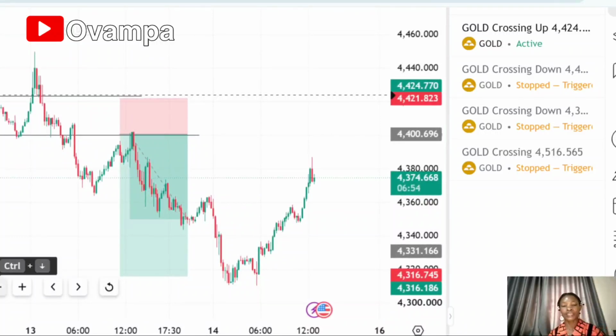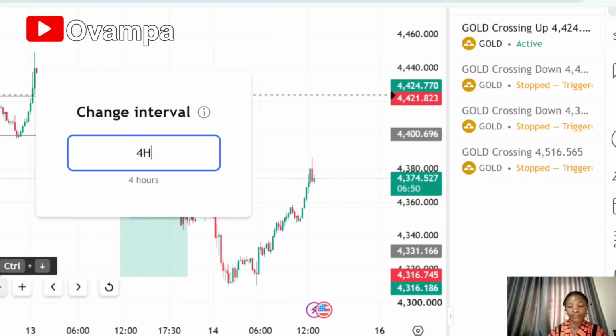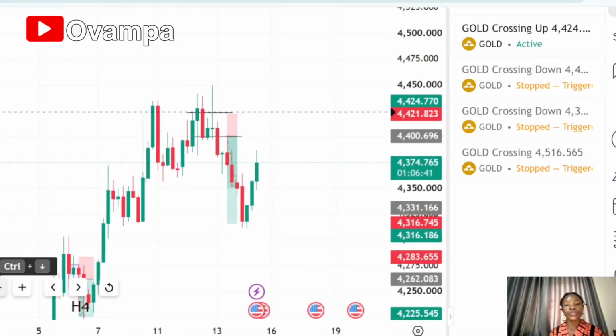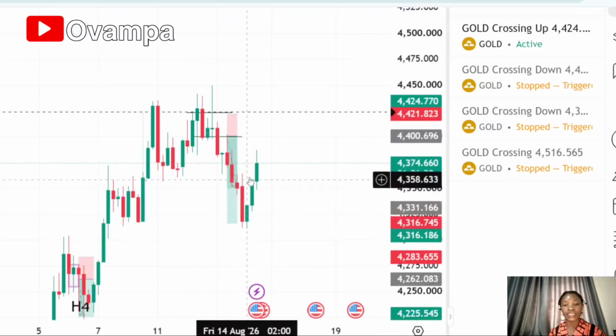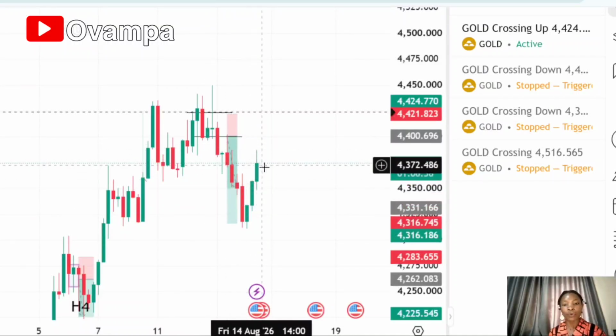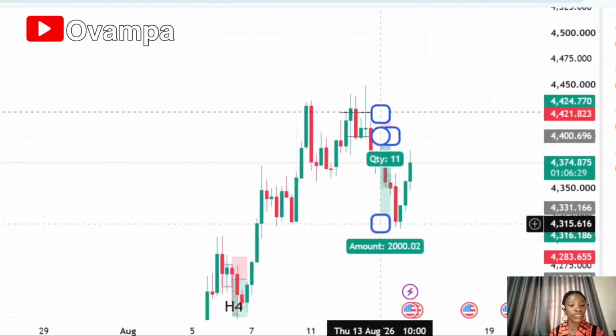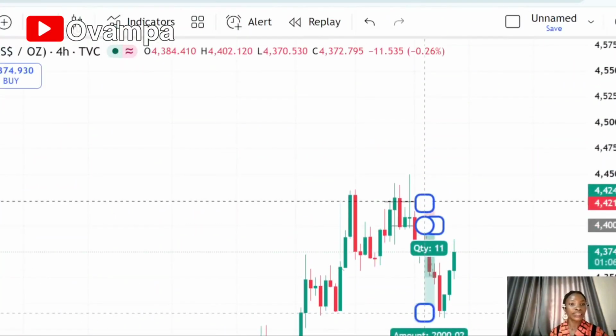For instance, this is when I will take my next trade on the 4-hour time frame. I want to take my next trade if New York session opens and then I see a lower high formed on the 15-minute time frame. So on that note, what I'll simply do is to select indication.